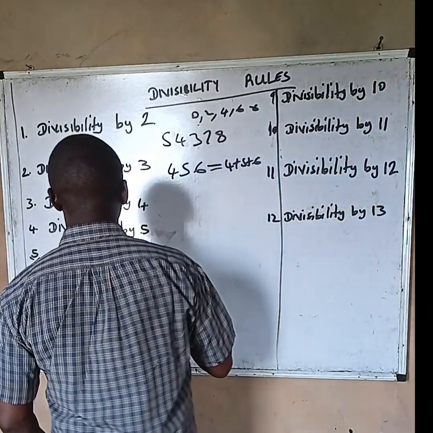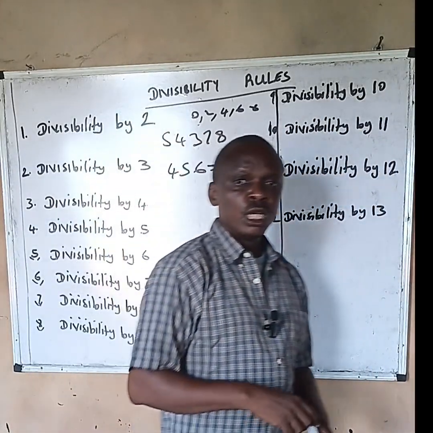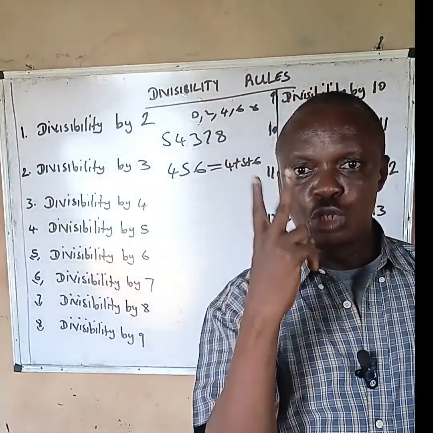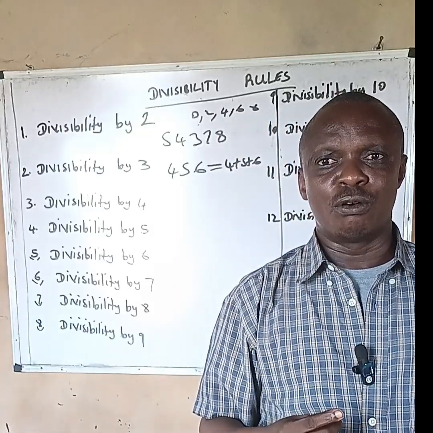Now, how do you know if a number is divisible by 4? A number is divisible by 4 if the last two digits are divisible by 4.